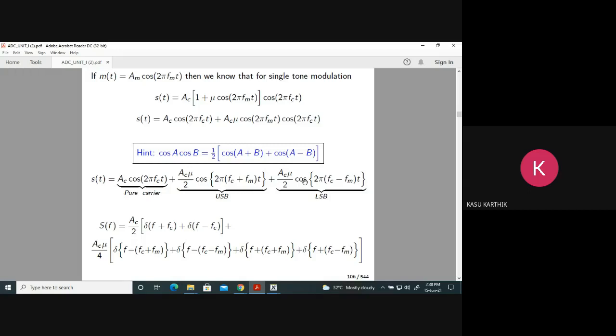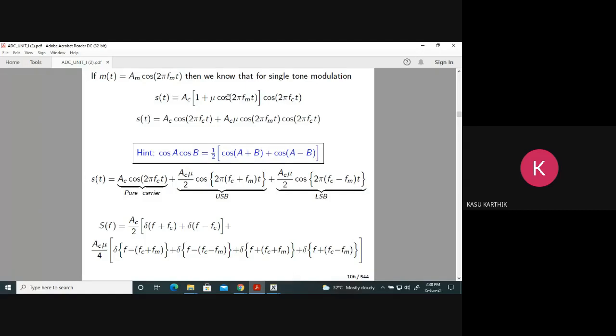All are impulses. Here you don't get a triangle. Why? You get a triangle if M(f) is of triangle shape. Here what is m(t)? Am cos 2π fm t. What is the Fourier transform of m(t)? Impulse. You get shifted versions of impulses.